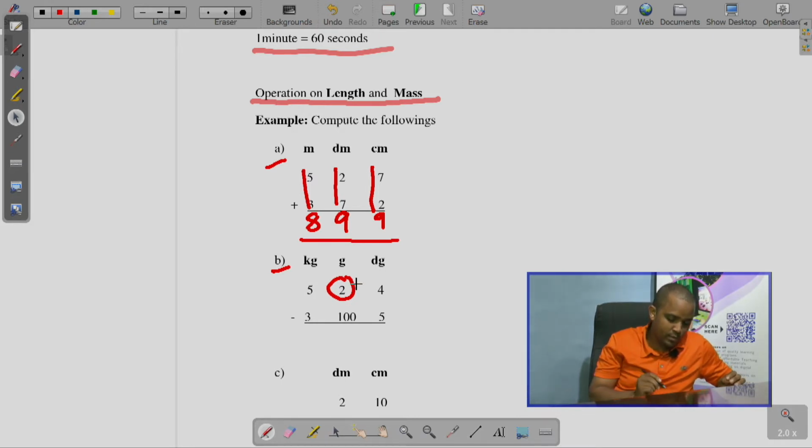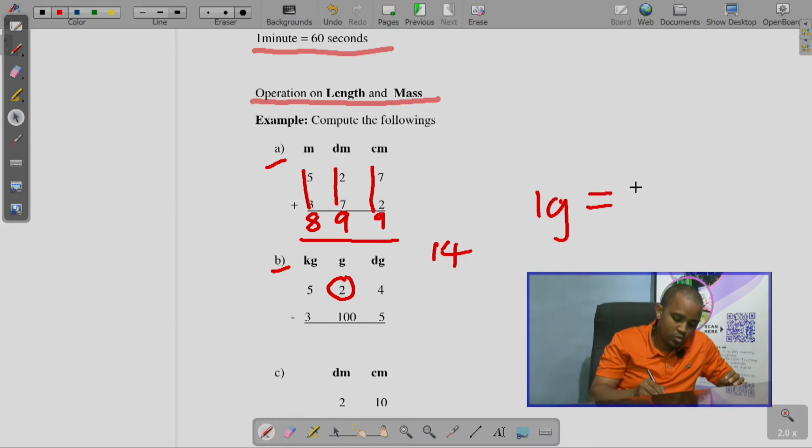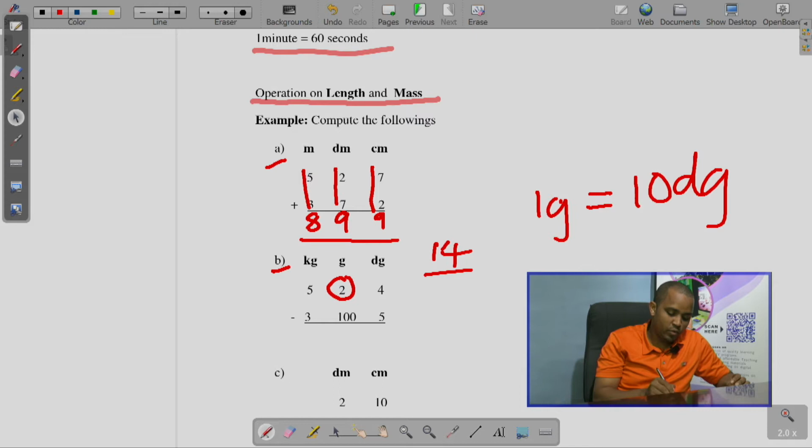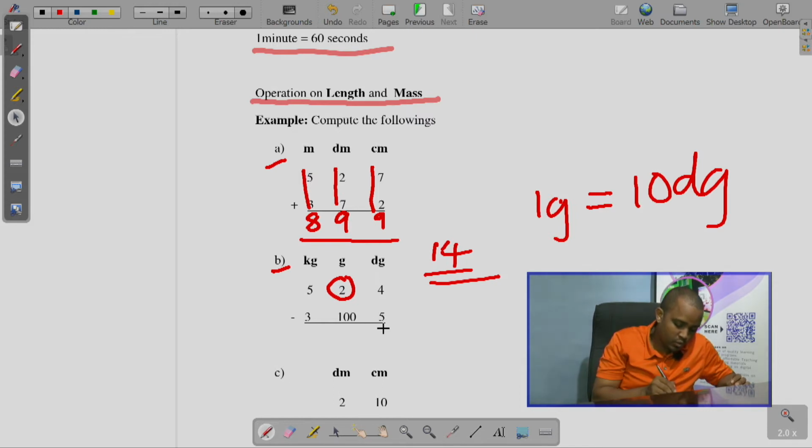If you take 1 and bring it here, we'll have 14, because 1 gram always equals 10 decigram. So if you take 1, it will be 10, not 1. So if you bring 10 here plus this 4, it will be 14. So 14 minus 5 equals 9. And here it will remain 1.